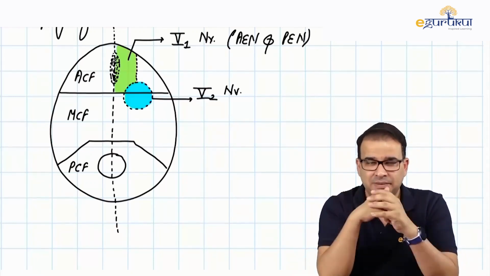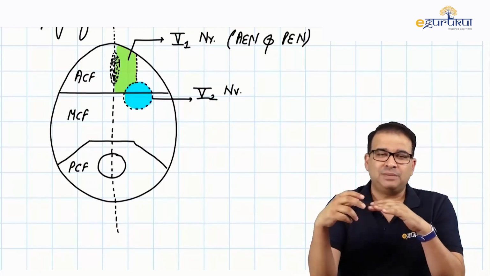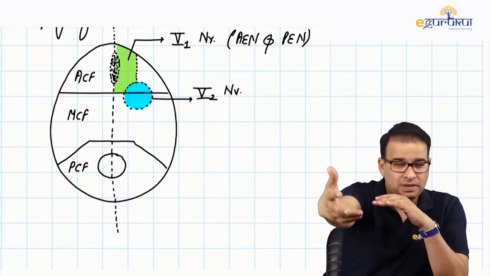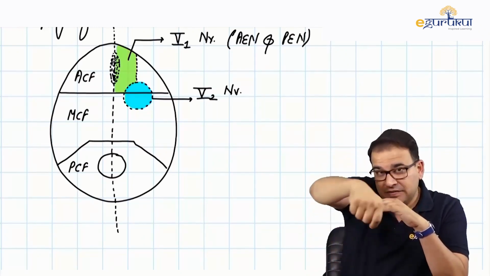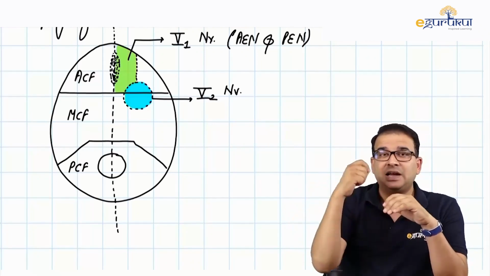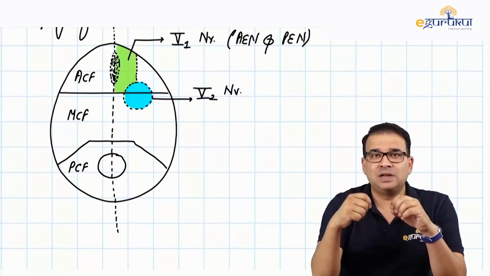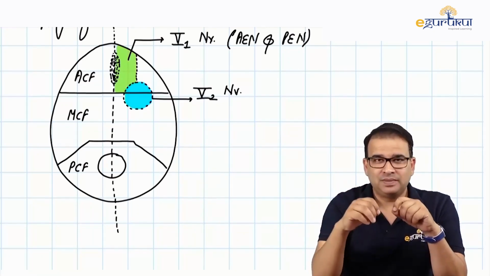There's the tentorium cerebelli. Although the ophthalmic nerve has contribution to supply in front, in the anterior cranial fossa, there is a branch of the ophthalmic nerve which even comes back and supplies the tentorium cerebelli, and that is called the nervi tentori or tentorial nerve.